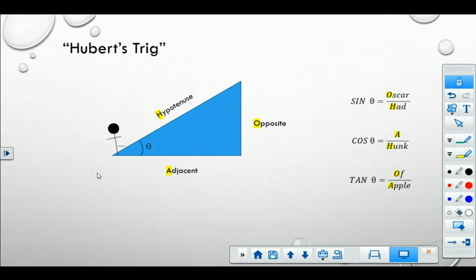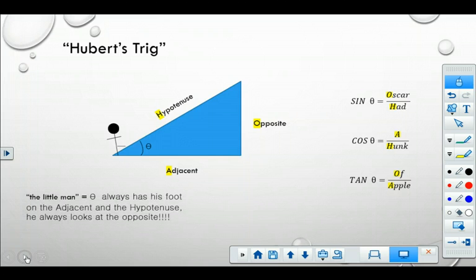The little man is always on the angle, and his feet are always on the adjacent and the hypotenuse. And he's always staring at what? He's always staring at the opposite. And if you will always remember that, then you won't get confused with your angles. I'm not talking about now. Now I know you know what theta is.